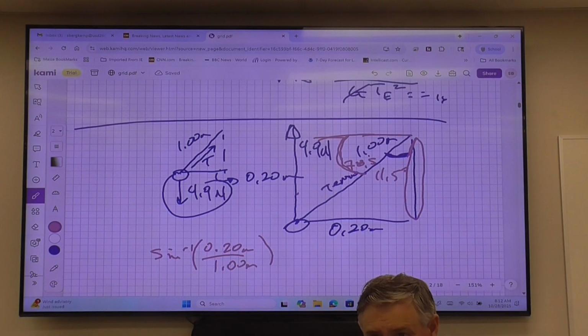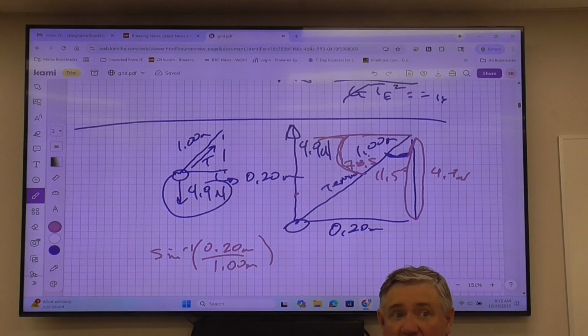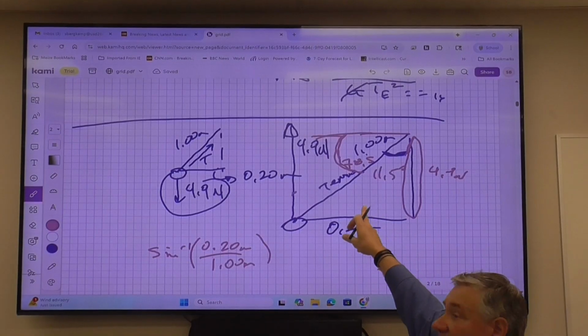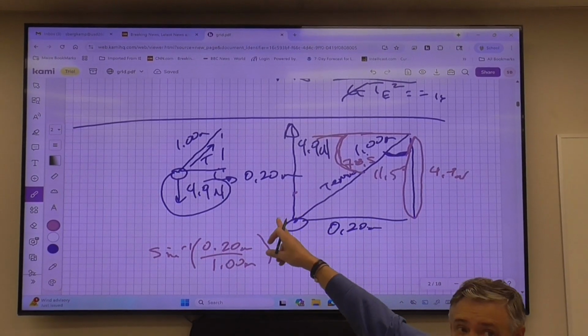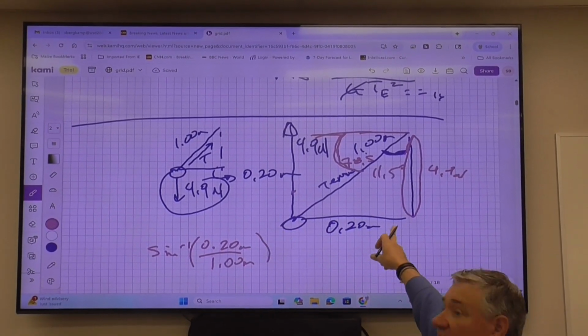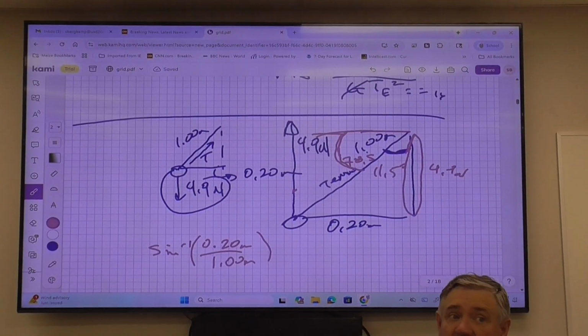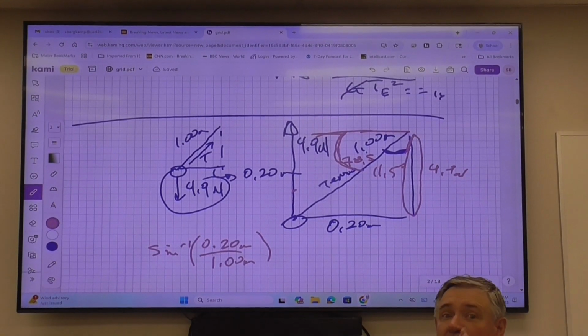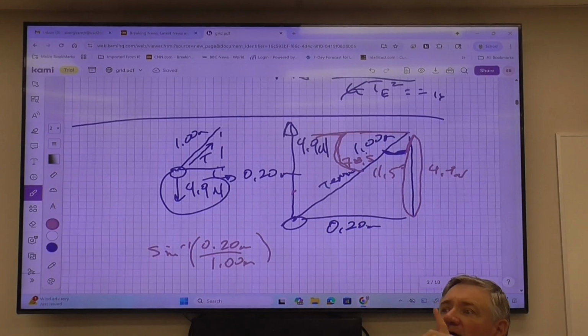This vertical component here is 4.9. That vertical component there is 4.9. It's just however you want to do your triangle. Okay? Just pick one. Either work off that exterior angle of 78.5 or work off that interior angle of 11.5. I don't care. Find the one that you look at and go, oh yeah, that makes the most sense to me.